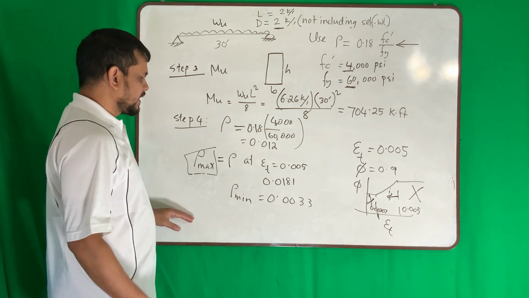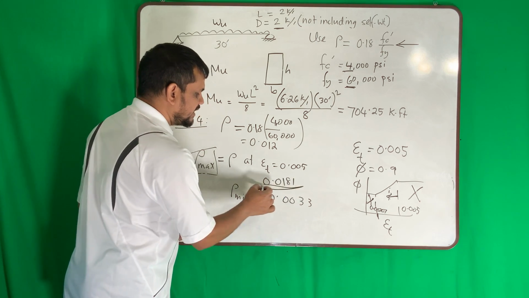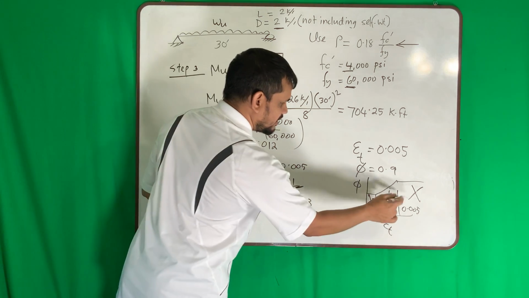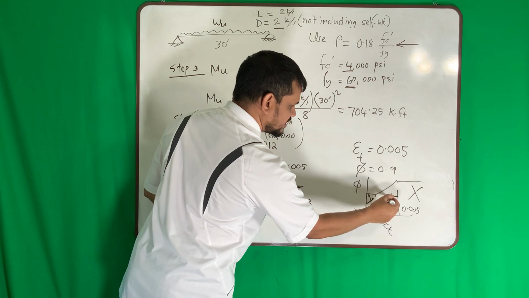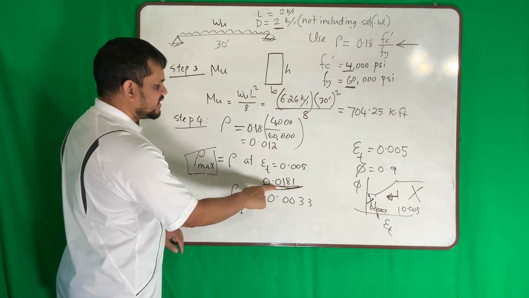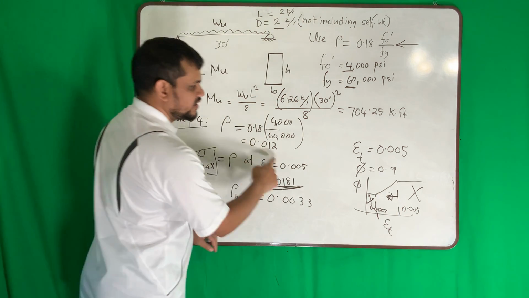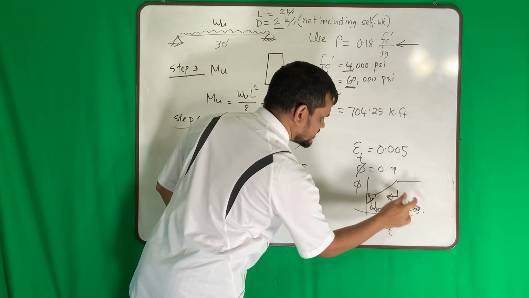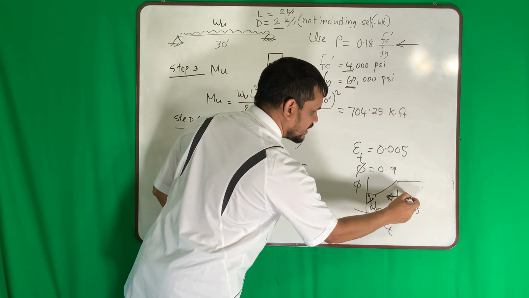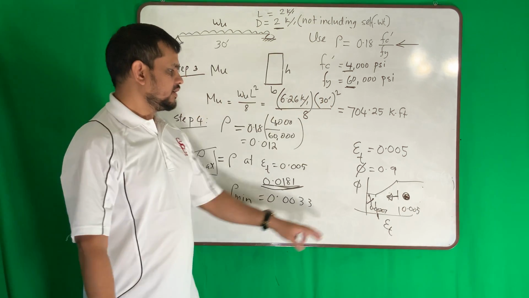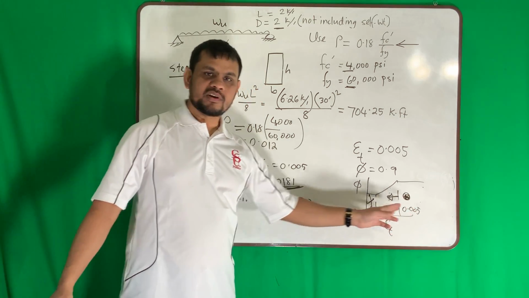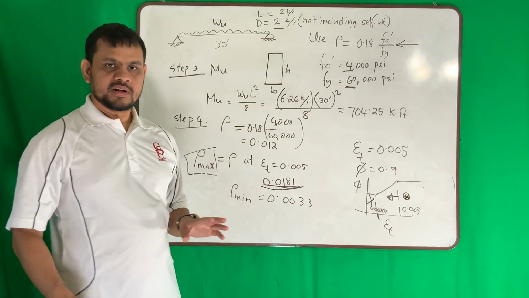If we use more than this, our section will come towards this way. Now we are using less than this, so we will be roughly somewhere here. After 0.005, that means the given is good.